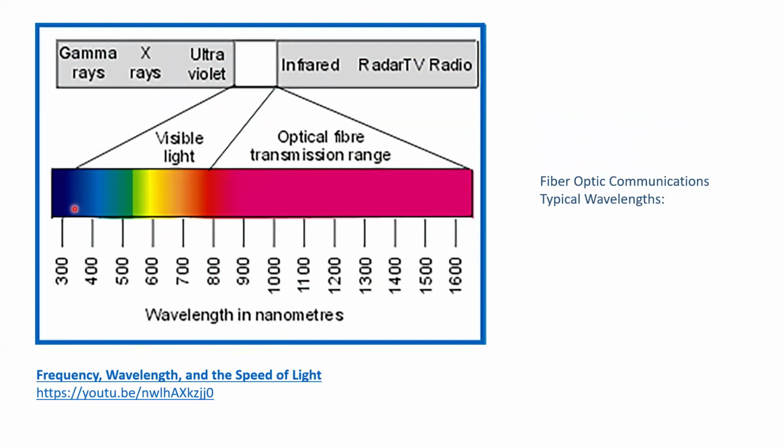Here is the visible light within the whole frequency spectrum. Here we have gamma rays, extremely high frequencies, then a little bit lower, X-rays, and then we're going to experience ultraviolet, which is over here.